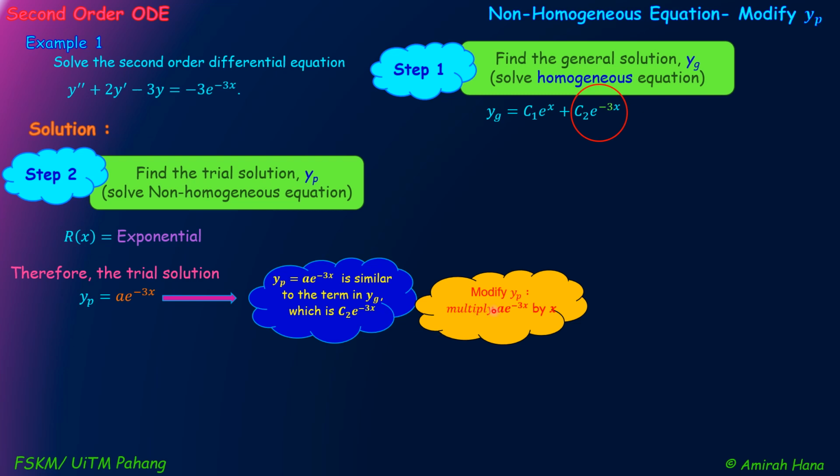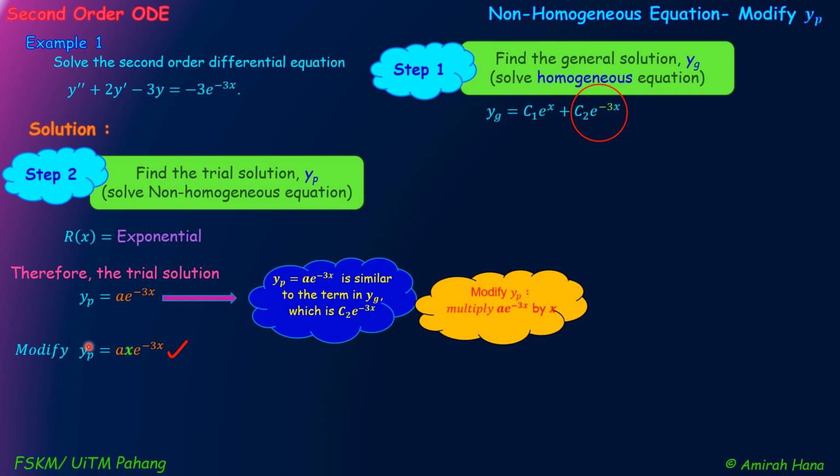After we multiply ae to the power of negative 3x by x, we got this. Modified yp equals axe to the power of negative 3x. Okay, so up to this point, we will use this yp. Okay, we do not use the old yp anymore.